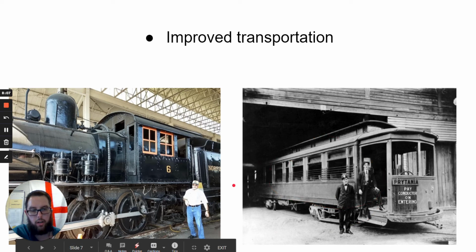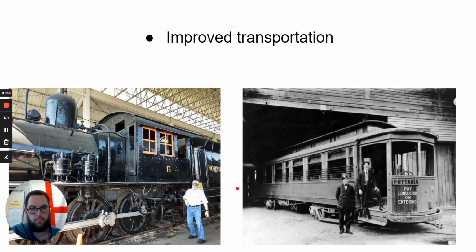So no longer do you have to walk everywhere. No longer is it relying on horse and buggy, but now we have steam engines. Eventually we have trolley cars to take us within town, and this gets us from place to place. This is how we got around. And obviously transportation has improved quite a lot since then, but this was cutting edge technology in the 1800s and 1900s.